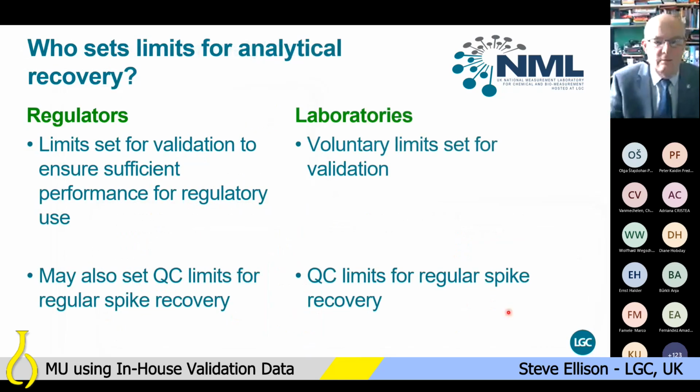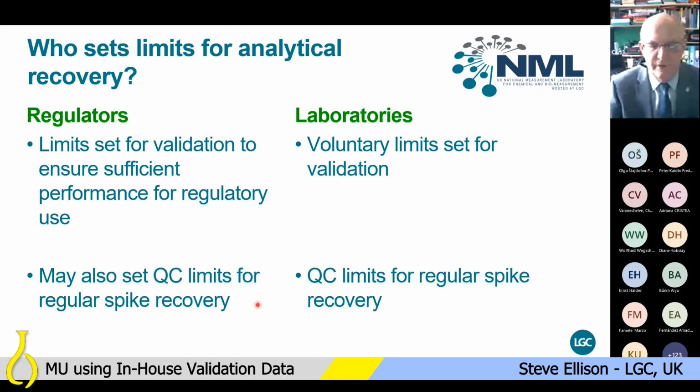So going back to who sets the limits, mostly it seems to be regulators where we see this, and they typically set limits for validation so that there has to be acceptable recovery found at validation. Some of the standards, and I believe the pesticide standards are among them, set limits for regular spike recovery as a quality control check during an analytical run.